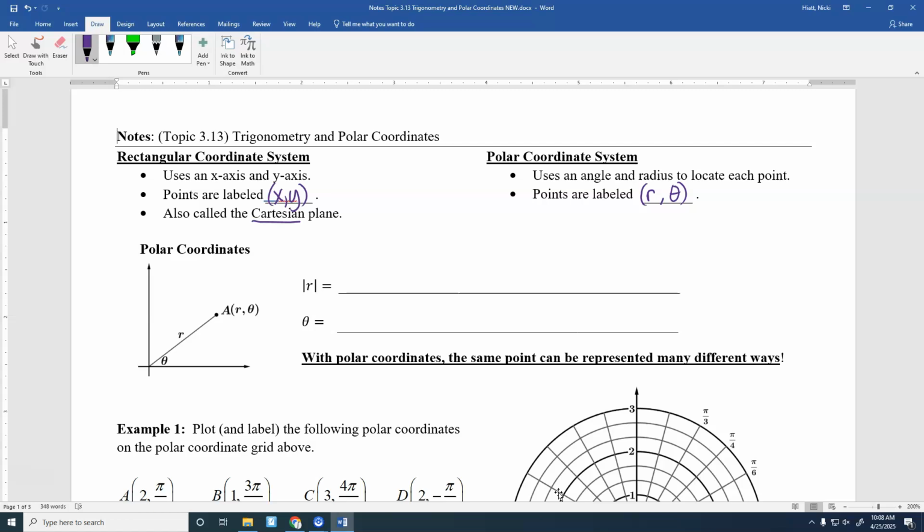But if I could fly, then if I needed to get to the door back there, I would just go straight there. I would turn towards the door. That'd be my angle, and then I'd go as far as I need to go. So that is how the polar coordinate system works. You go straight to the point, no right or left first and then up or down.